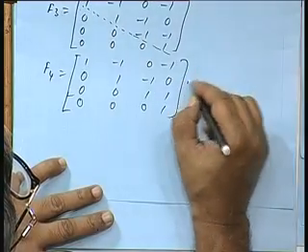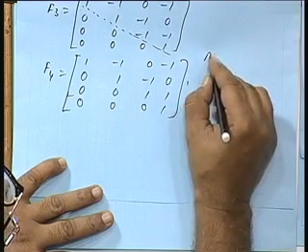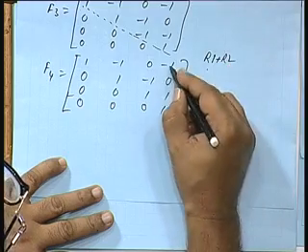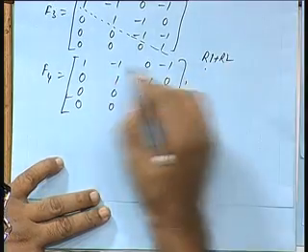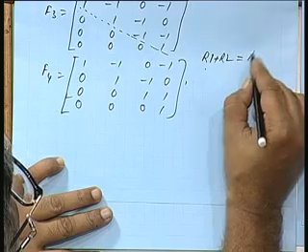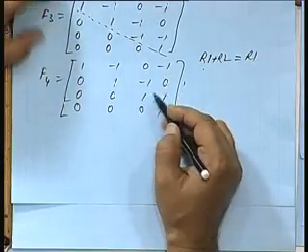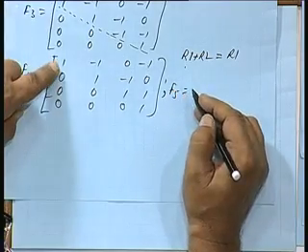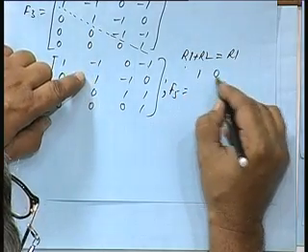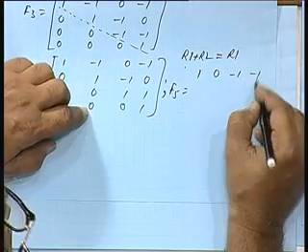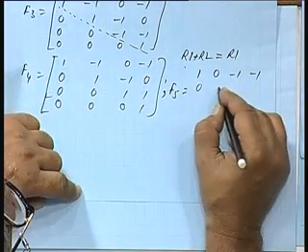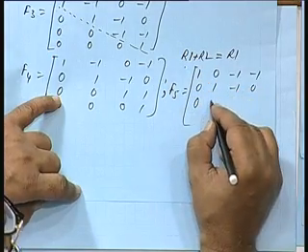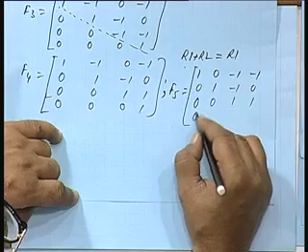If I add R1 plus R2 and replace this R1 by this, I get F5 as 1 0 minus 1 minus 1, then 0 1 minus 1 0, then 0 0 1 1 0 0 0 1.